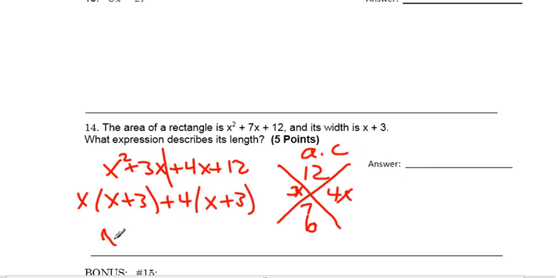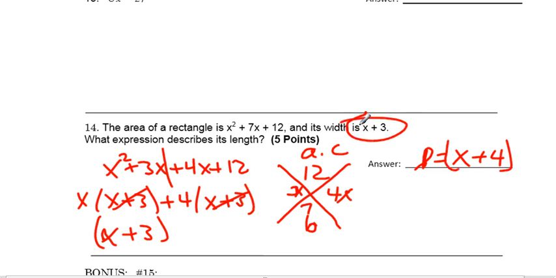So x plus 3 is my common factor here. What's left? X plus 4. So x plus 4 is my length. That's my other factor, because x plus 3 was already given.